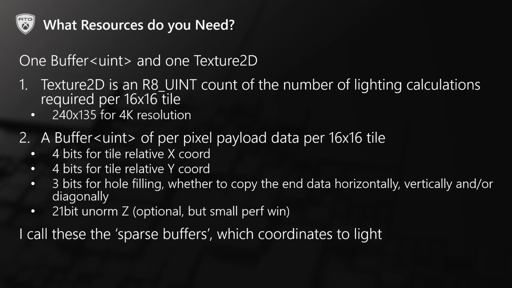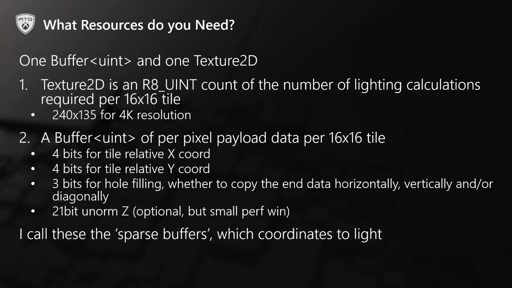So what we end up with is we have a compute shader, and that is examining compressed depth and or these 4 bits of GBuffer space, and it's going to output per screen tile the number of lighting calculations we need to do, and then for each screen tile the XY coordinate of that lighting calculation, with 3 bits of whether to then copy it horizontally, vertically or diagonally.